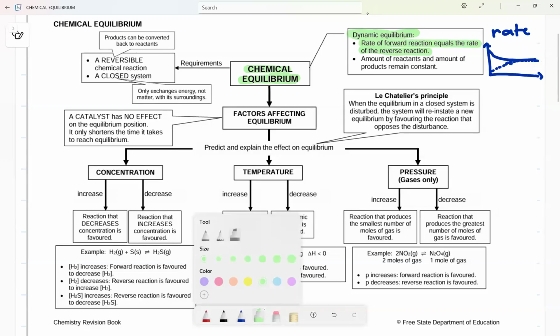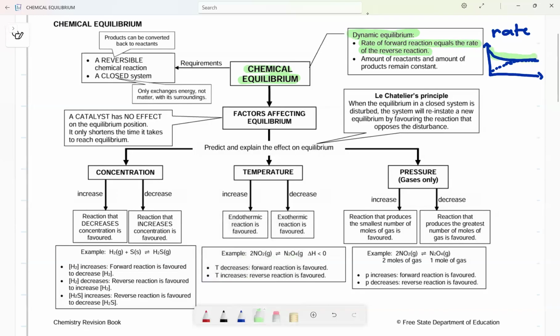The solid one is the forward reaction. Not always, the examiner will tell you; the dotted one is the reverse, or however the examiner will tell you. We'll get there as we reach the graphs. I'll explain that thoroughly. For now, I want you to understand where this definition comes from.